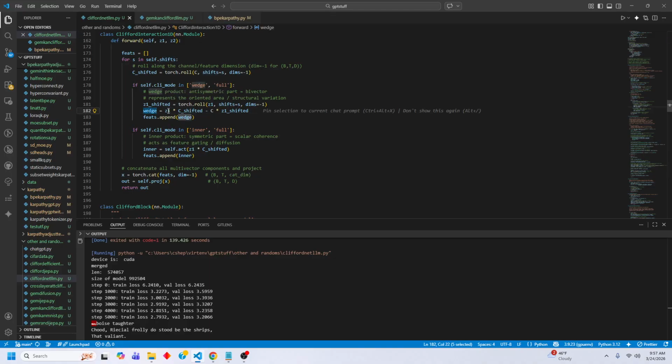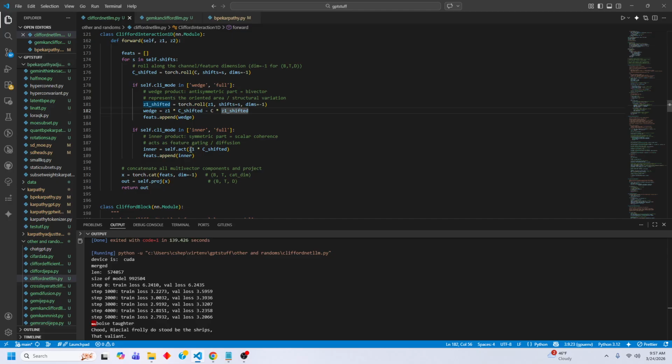The wedge is the global state, basically the latent state, times the shifted context minus the shifted context by the shifted global state. They say that's an efficient way of calculating that.